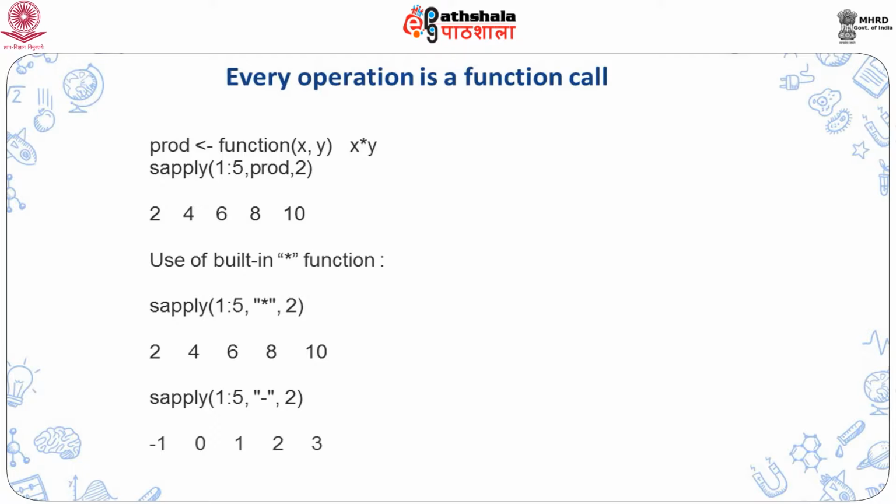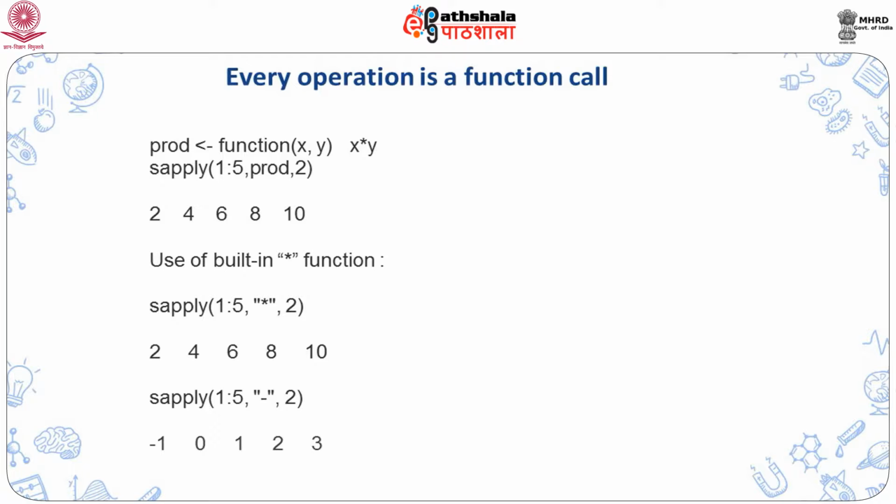But we can also get the same effect by using the built-in function which is called product. Look at this, here we are having sapply, then 1 to 5, then we are using that built-in function product and then 2. So, we are having exactly the same thing which we had in the previous case. For the next R code, here as well we are writing sapply, then 1 to 5, then we are having the subtraction operator and then 2.